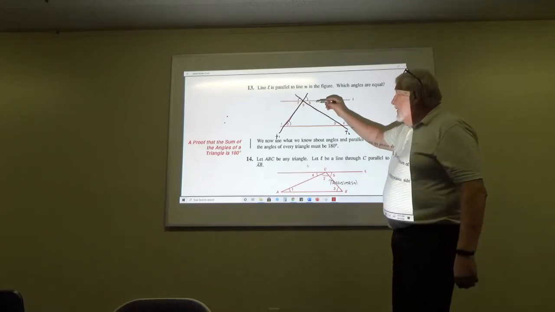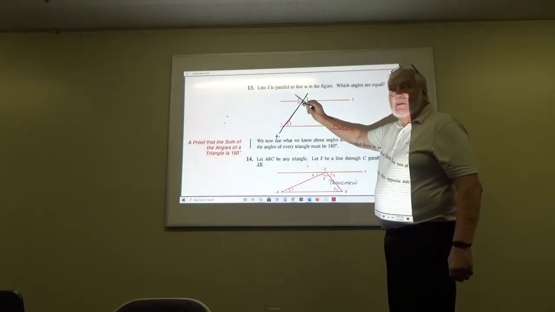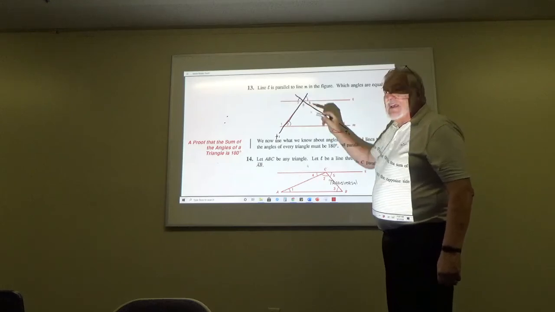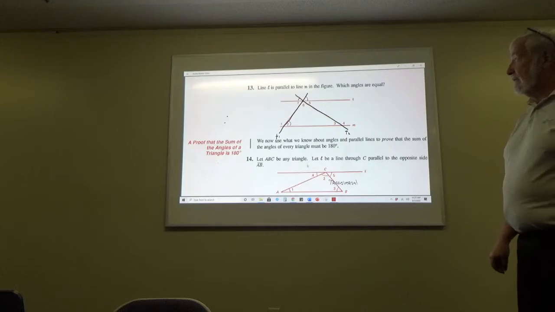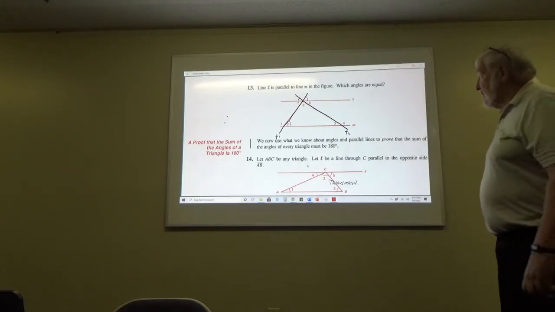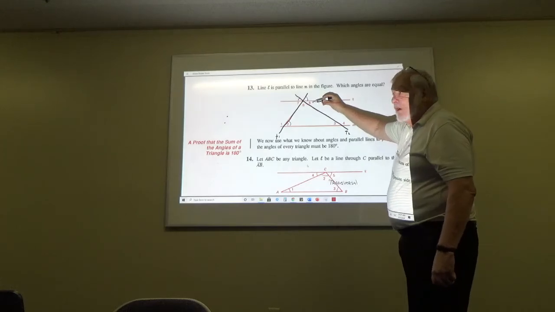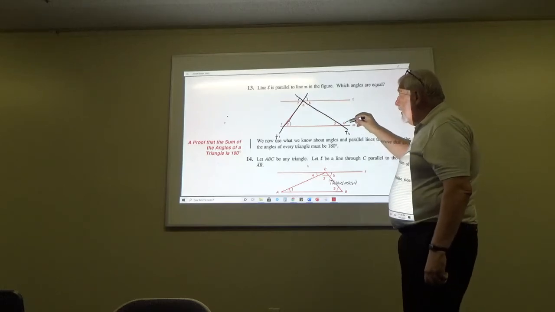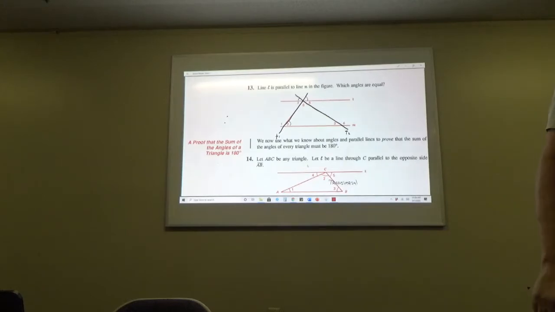Now, this is interior. This is alternating interior. So 2 and 7 are congruent. Now let's come the other way. Let's look at this one. 3 and 5 are alternating interior. 4 and 6 plus 7 are corresponding.